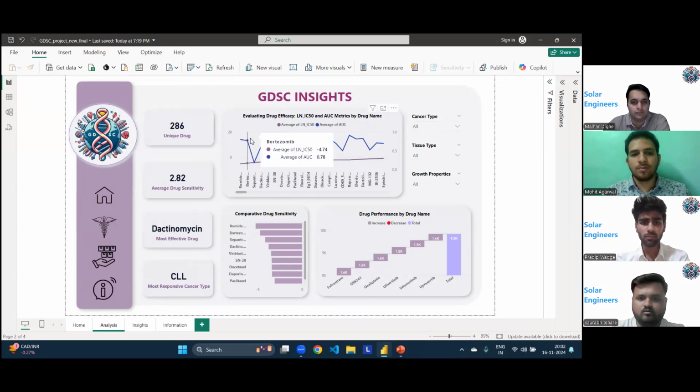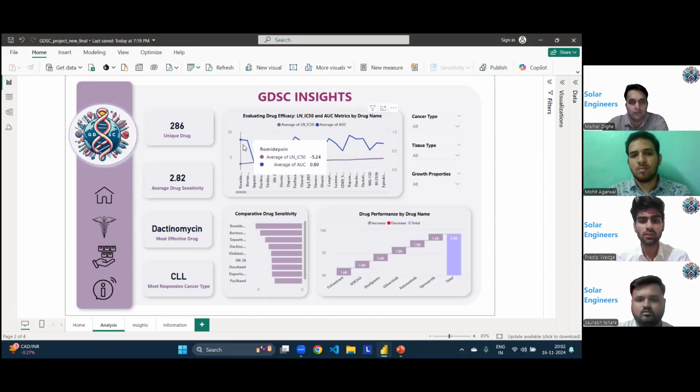So coming back to our first visual, which is the competitive drug sensitivity, it shows the top 10 drugs based on the LN IC50 value. So the lower the value, the more effective the drug. Now, coming to the next visual, based on the drug name, it shows the average value of LN IC50 and the average value of AUC.